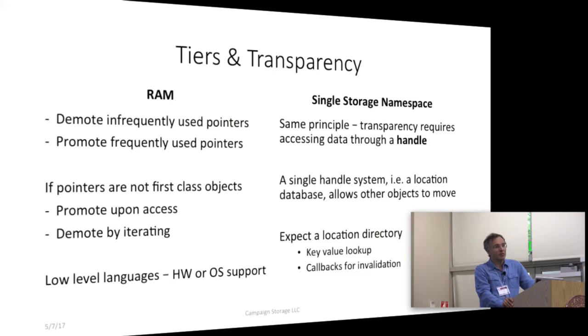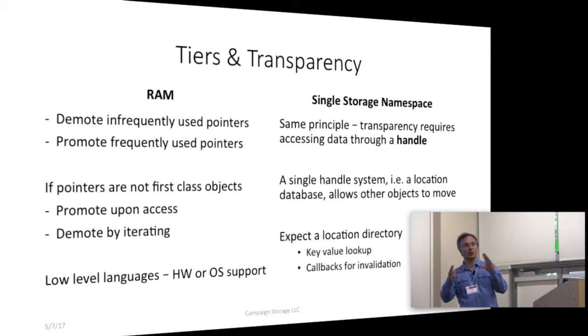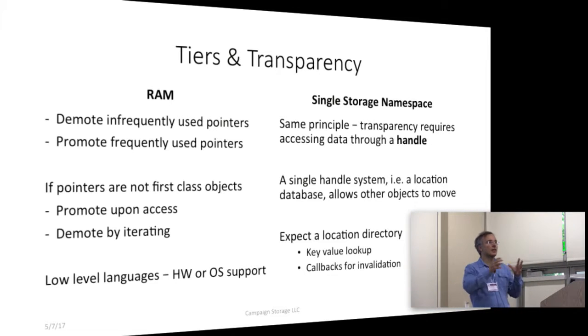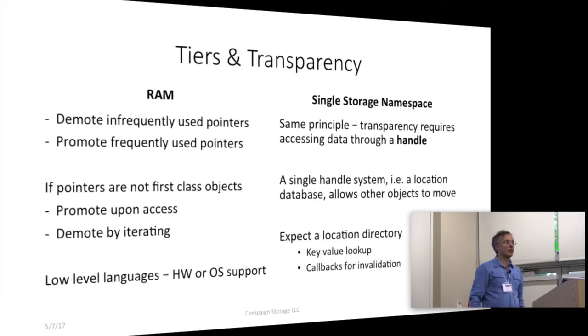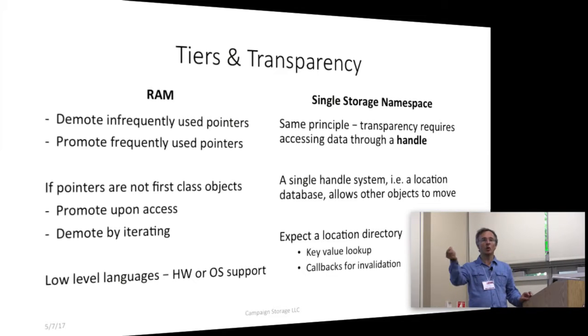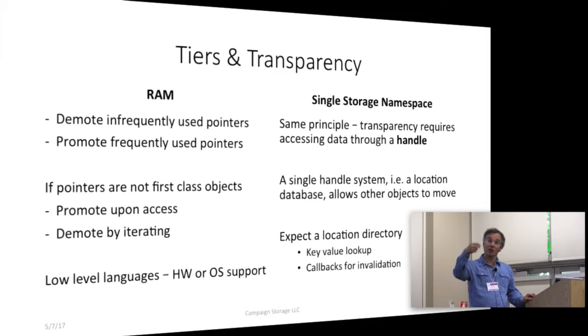For storage namespace, transparency is actually a fairly old thing that people have thought about for a long time. The idea is that you have some form of location database that tells you, if I'm looking for this or that piece of data, be it a file or an object, where is it? You need a location database that is distributed, but it must also offer callbacks to tell you if something starts moving from one place to another.